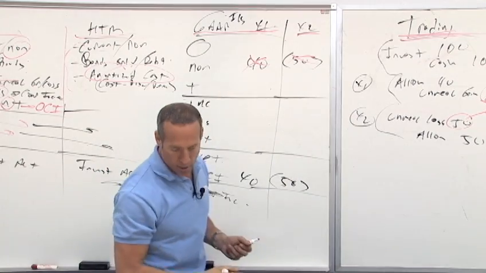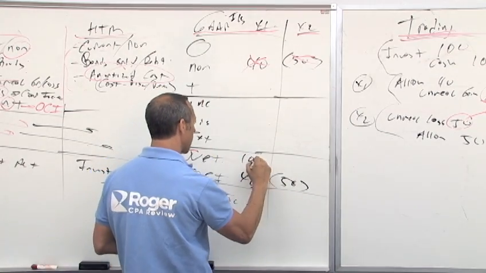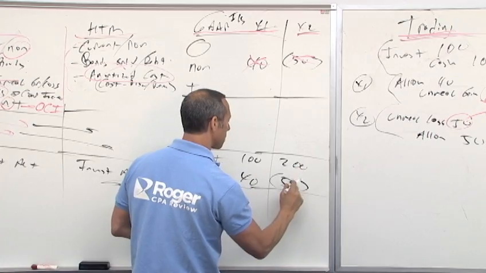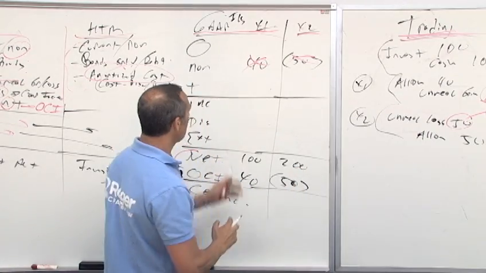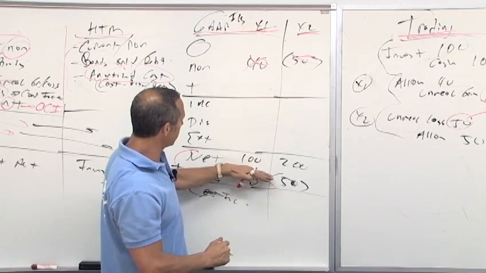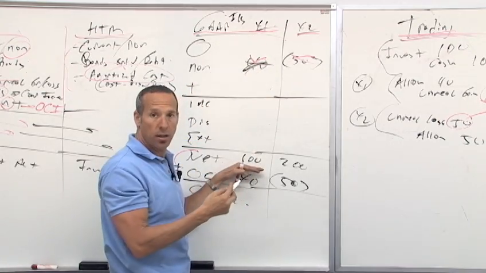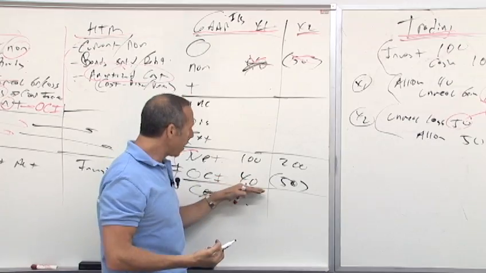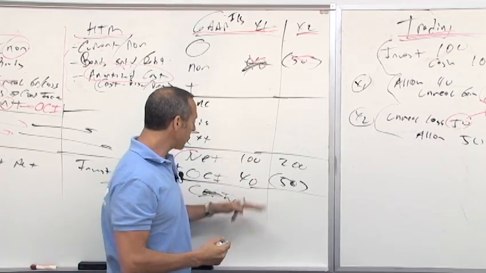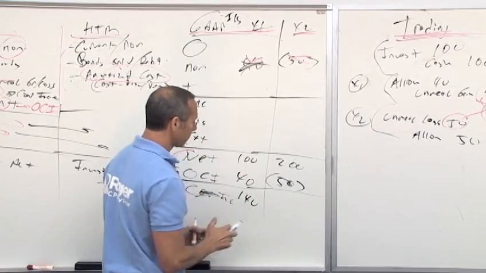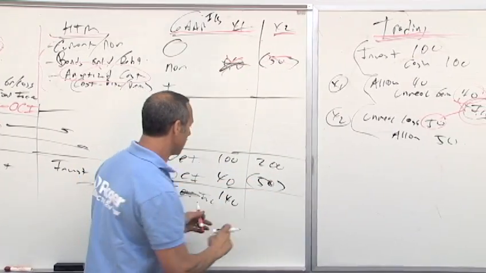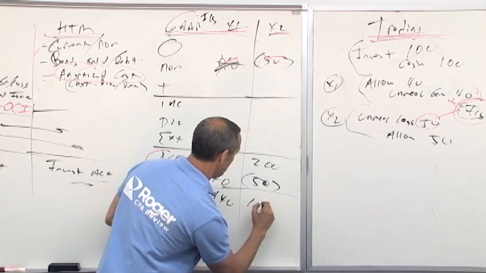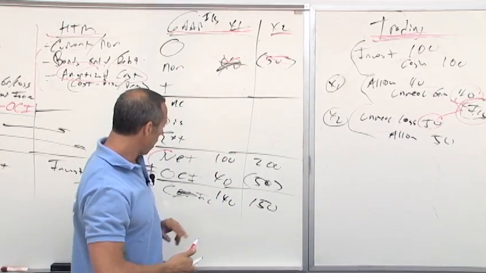Let's say in X1 we had $100 of net income, and in X2 we had $200 of net income. So what is comprehensive income? For X1 it's going to be 100 net income, because this didn't show up there because it was available for sale. Then we've got $40 of OCI gives me 140. Over here, X2, 200 of income minus 50 is 150 of comprehensive income.